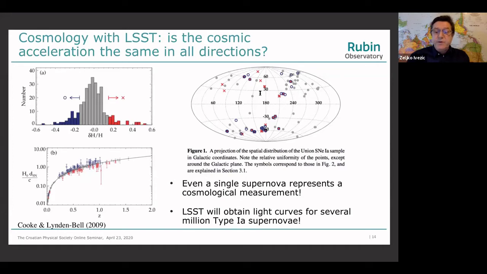So we hope that when we plot supernovae in this diagram on the sky, we might discover some deviations from isotropy and homogeneity, or perhaps even just measuring that there are no deviations with such a large sample will give us faith in the cosmological assumptions that the universe is isotropic and homogeneous. So that's another huge cosmological measurement that we will be doing with LSST.